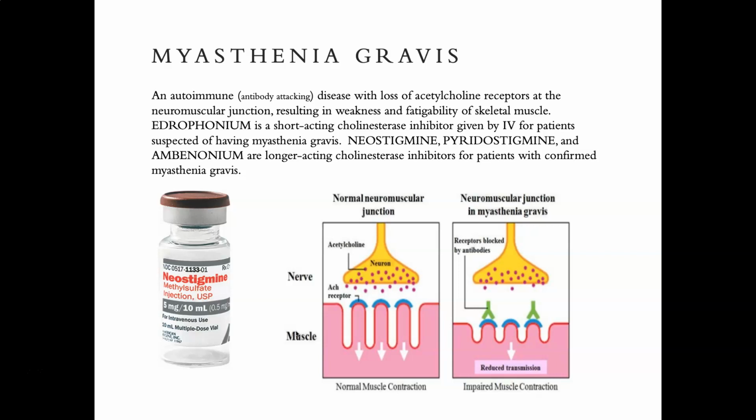And with that reduced transmission, there's impaired muscle contraction. And that's why they've developed a drug that goes in and increases the concentration of ACh so that you can get closer to that normal muscle contraction, even if you've got those antibodies blocking receptors.